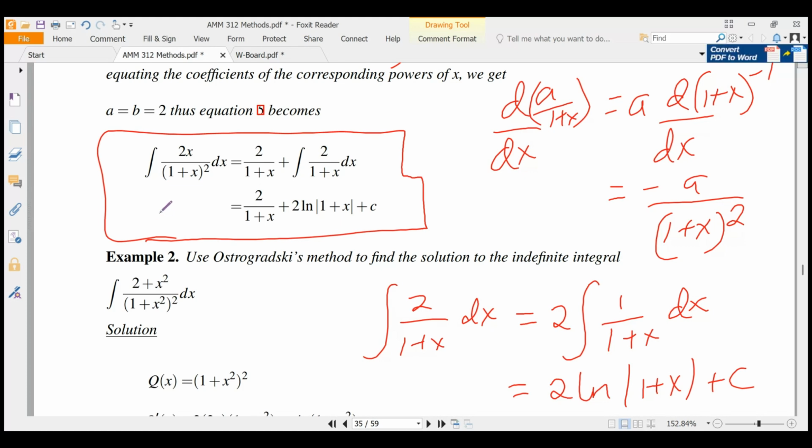So basically, you see now the two parts that we were talking about. The method separates the integral into two parts.